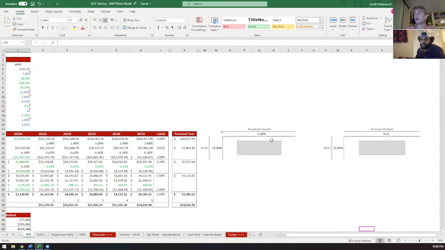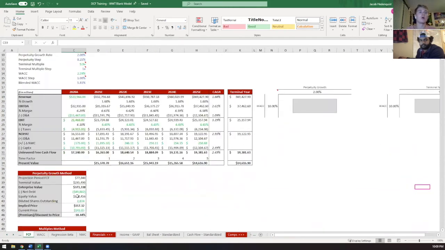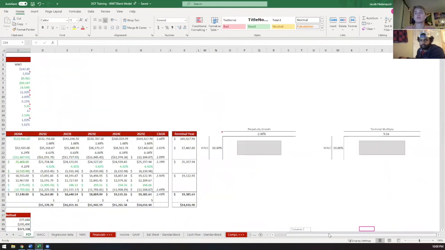Now we're going to do our sensitivity tables. And so the key point with the DCF is not that we're trying to say exactly how much a company's worth. No one can go out there and say Walmart is exactly worth $117.32. That would be insane if you could do that, because that's so exact.